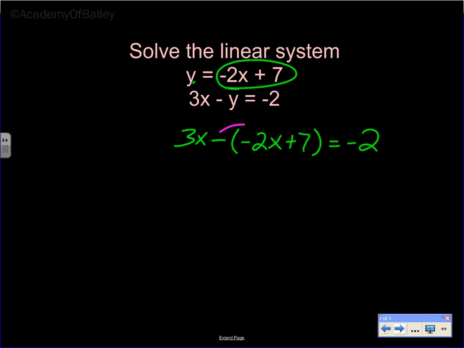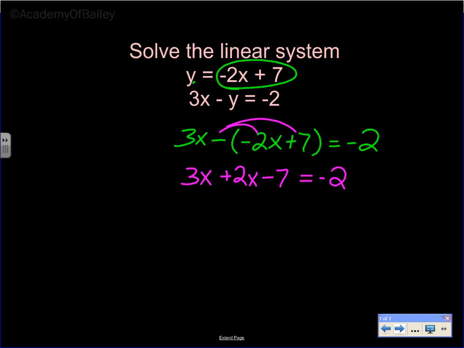We have a negative sign outside, so it's like a negative 1 out there. We take negative 1 and multiply it by everything inside the parentheses. So negative 1 times negative 2x is a positive 2x. Negative 1 times 7 is a negative 7. Okay, that's where we're at.